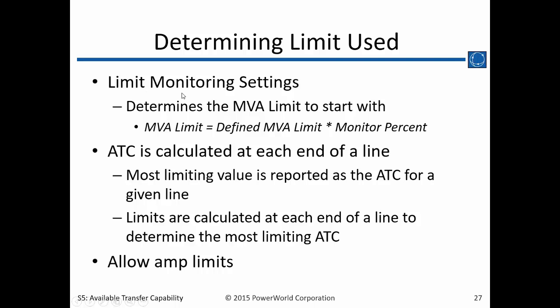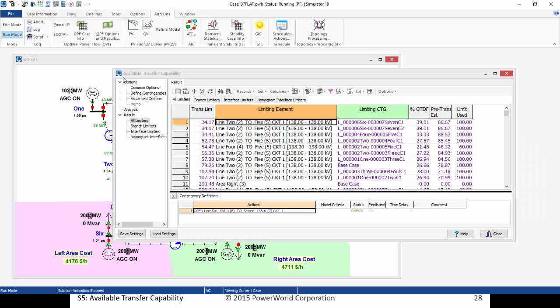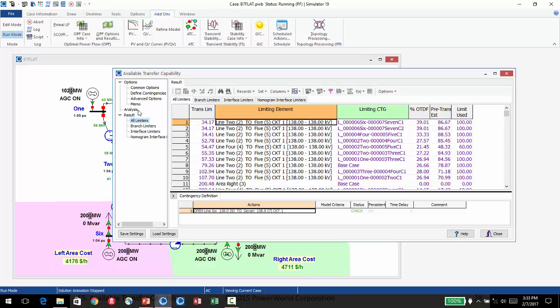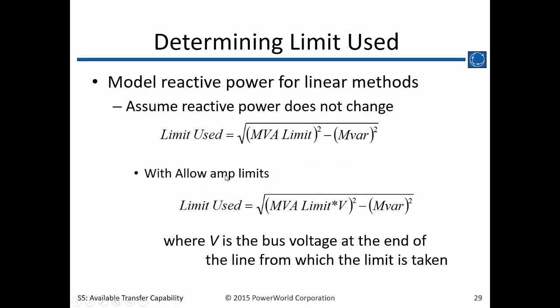Yeah, limit monitoring settings are important. The most limiting value on each end of the line is what's taken into account. This just explains some details about those options for, again, the reactive power. If you use this, then the megavars are constant.